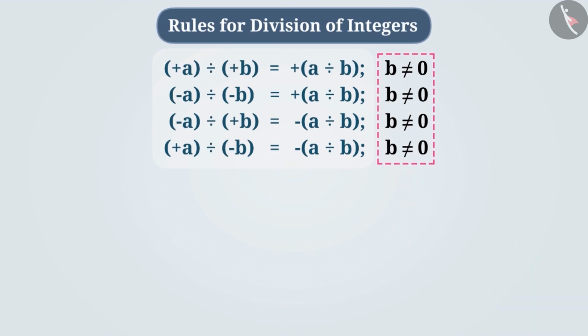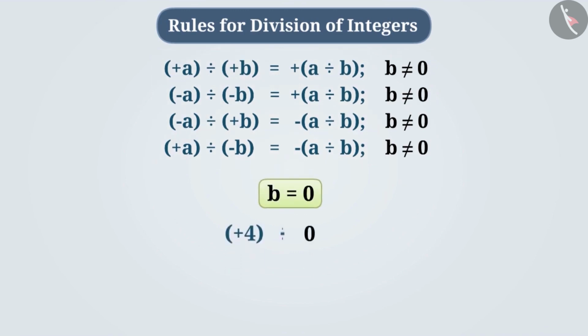Let me explain. This is because the result of division cannot be obtained when b is equal to 0. Because division of any number by 0 is not defined, like plus 4 divided by 0 is equal to, we do not know. It cannot be explained what will happen. Thus, we cannot say for sure which sign will be used in the result.